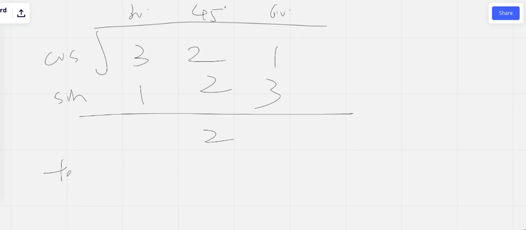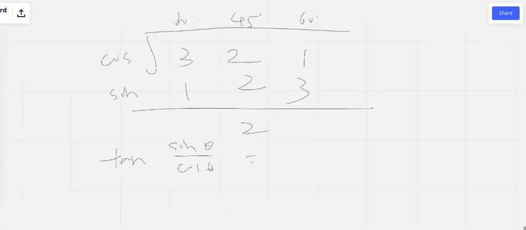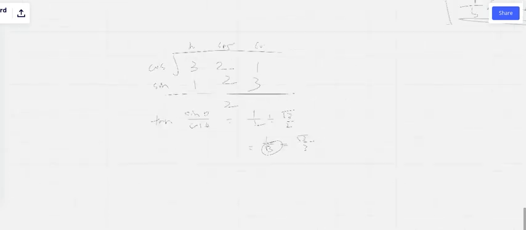And tangent is just sine theta over cosine theta. So you will just do the math in the exam. We can actually just prove it: 1/2 divided by root 3 over 2, and now we'll have 1 over root 3, which is root 3 over 3 to make the denominator a rational value.